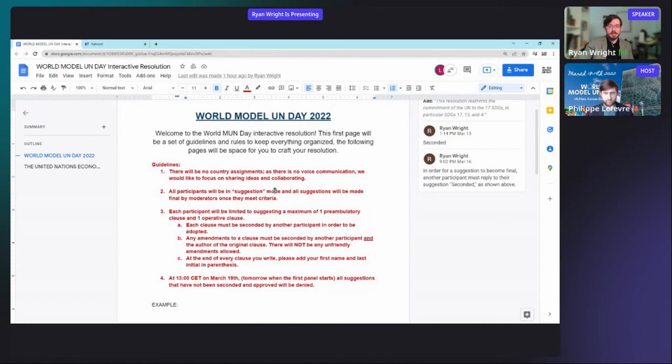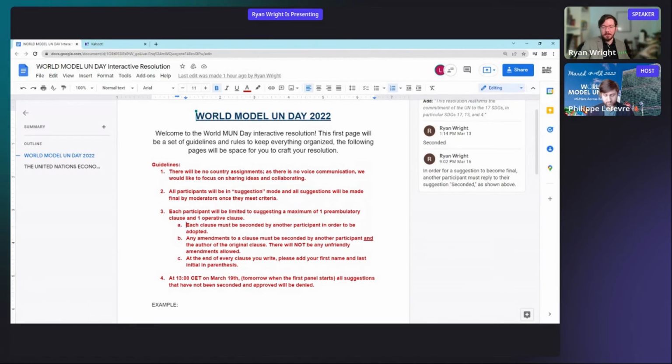So the criteria: each participant is going to be limited to suggesting a maximum of one preambulatory clause and one operative clause. And the reason we're limiting the clauses is because, as we said, we want this to be an interactive resolution. We don't want one person writing all 6 and then everyone changing, or a bunch of people writing 10 clauses and then we end up with a 100 or 300 page resolution. We don't want any of that.